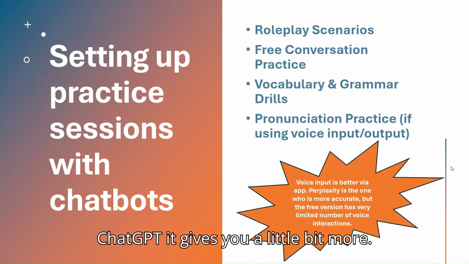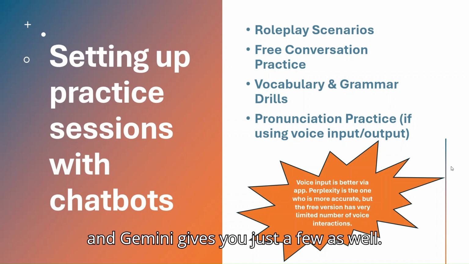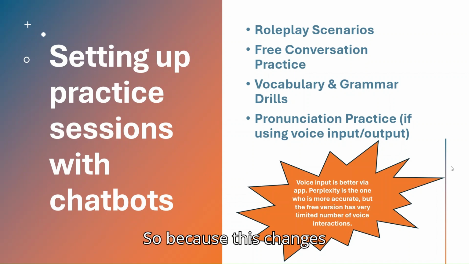ChatGPT gives you a little bit more. Copilot might not give it to you at all, and Gemini gives you just a few as well. Because this changes all the time, my suggestion is to check, at the moment you give the students some task, what the allowance is.